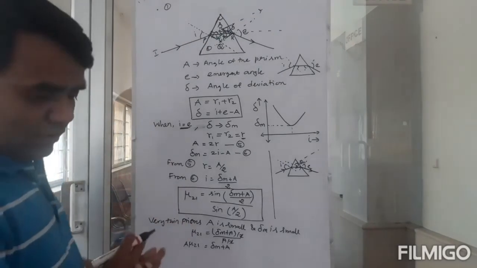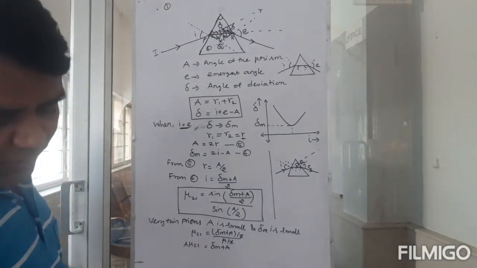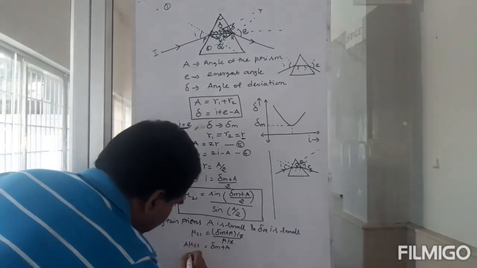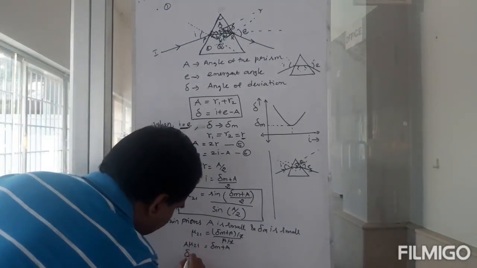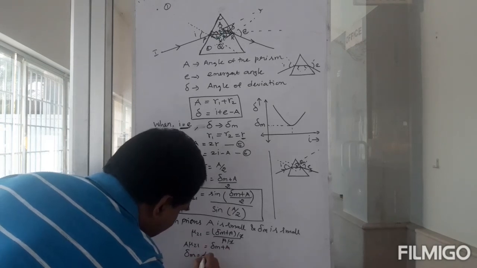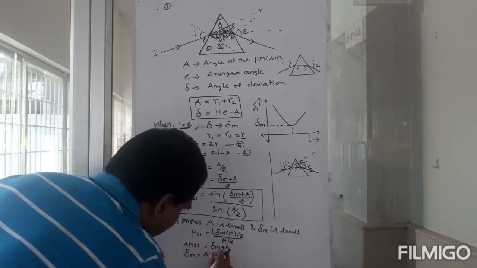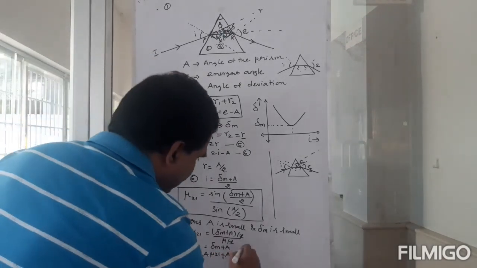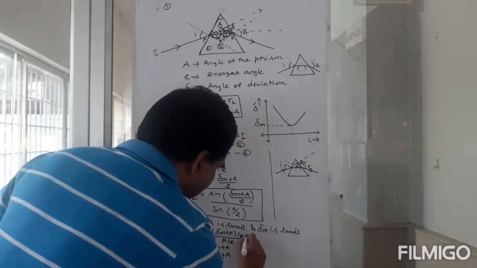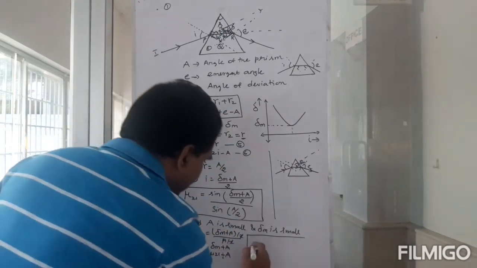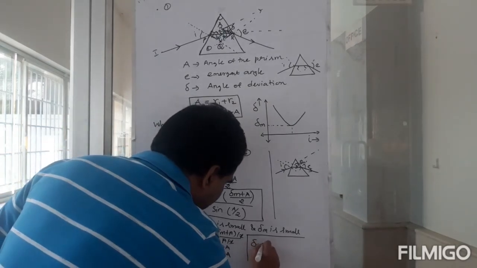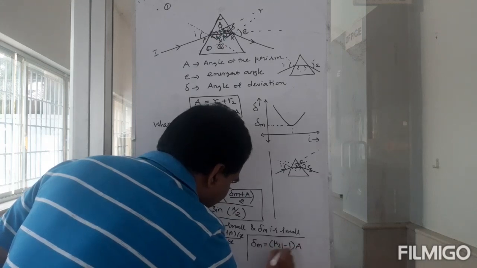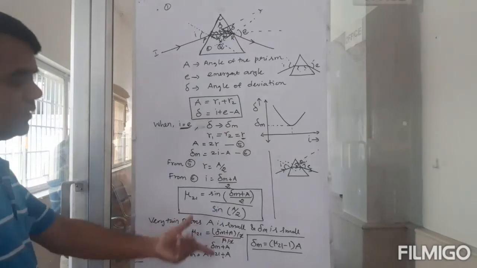I can very easily do the rest. What is my delta M? So delta M can be written as, if you bring A, then A times mu21 minus A is my delta M. And if I take this A out, it's going to be delta M is equal to (mu21 minus 1) times A. But this is for very thin prisms.